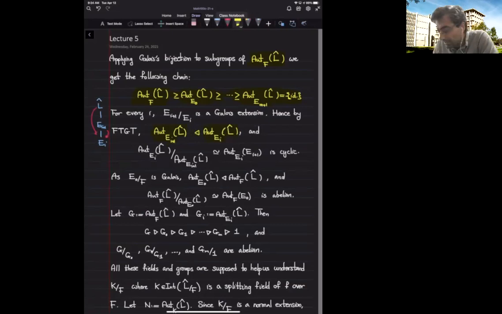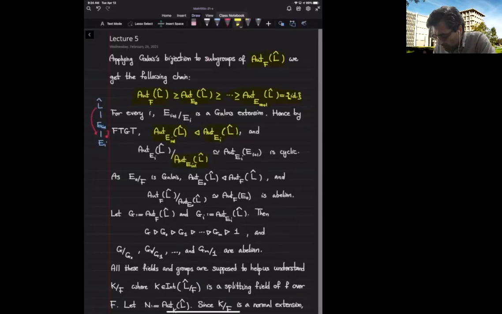So this is a normal subgroup. And moreover, when I start with an E sub i linear automorphism of L hat and restrict it to E sub i plus 1, I get an automorphism of E sub i plus 1. The kernel consists of the E sub i plus 1 linear automorphisms of L hat.